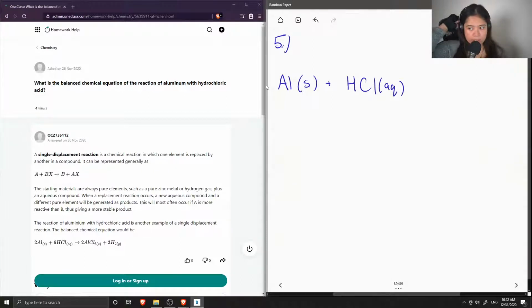Notice that we have 3 different elements, and the most common reaction that occurs when you have just 3 components is the single displacement reaction.